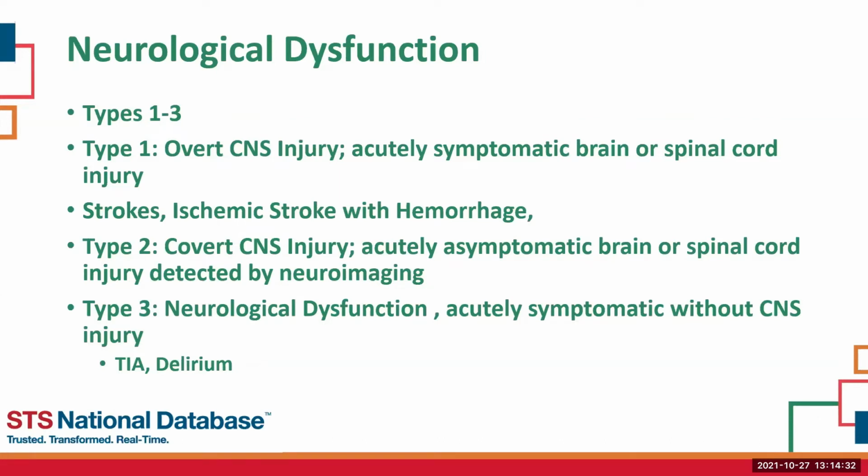Type 2 is covert CNS injury, acutely asymptomatic brain or spinal cord injury detected by neuroimaging. And then type 3 is neurological dysfunction, acutely symptomatic without CNS injury. So your TIA or delirium, those would be examples of type 3.